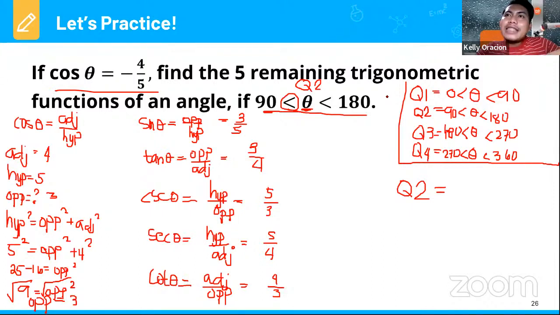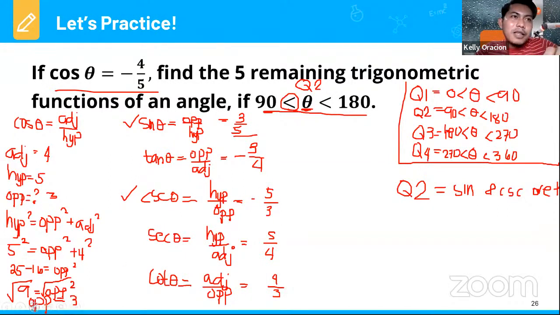The sine and the cosecant. They are positive. That means their values are positive. The sine and cosecant are the positive ones.